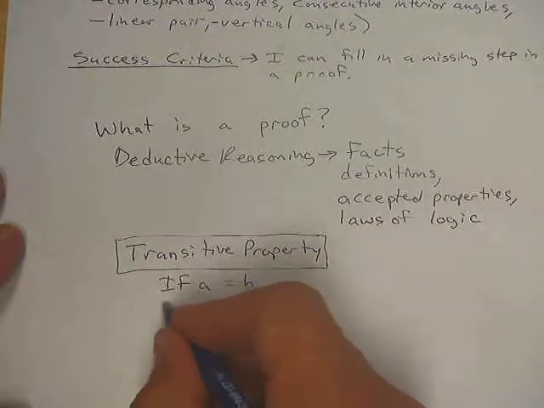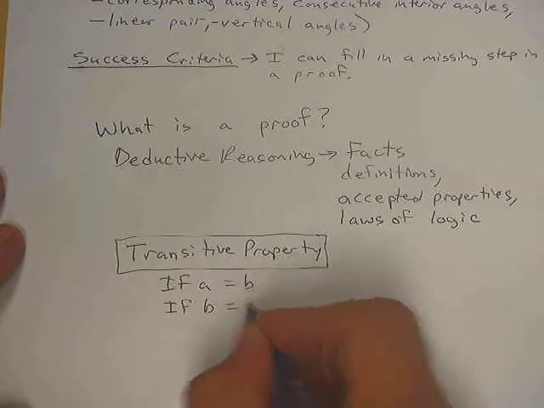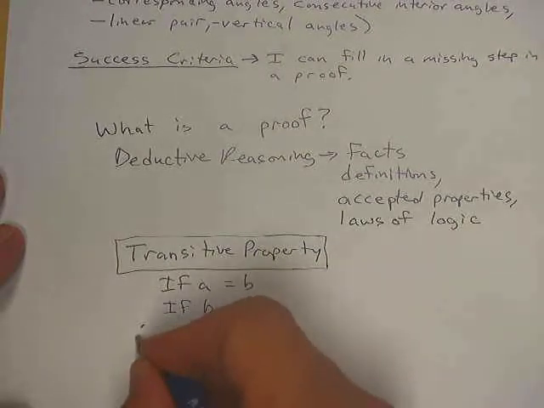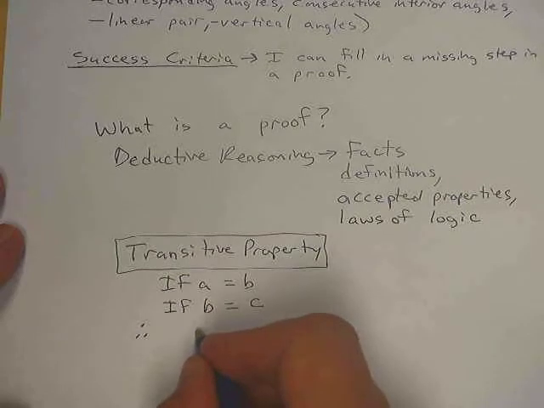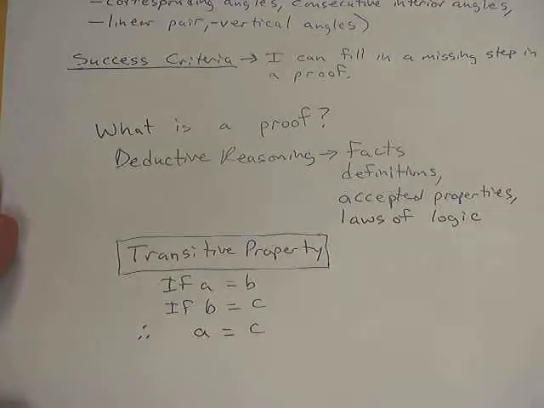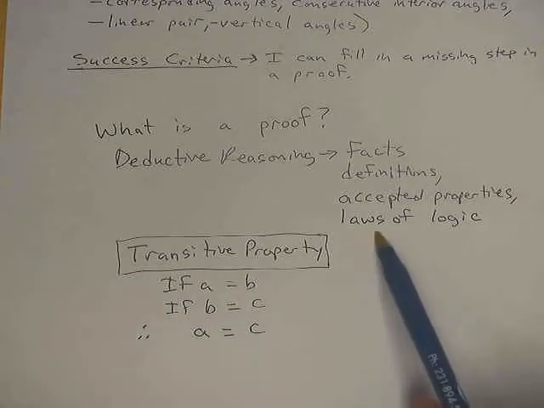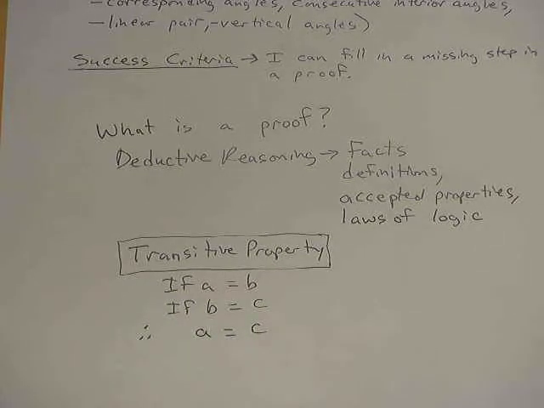If A equals B, if B equals C, therefore A has to be equal to C. Well, you're saying, duh, of course that makes sense, Mr. Fischel. We're not stupid. I didn't say you were, but I'm saying that this is the transitive property. This is one of those laws of logic that you use in proofs, okay?